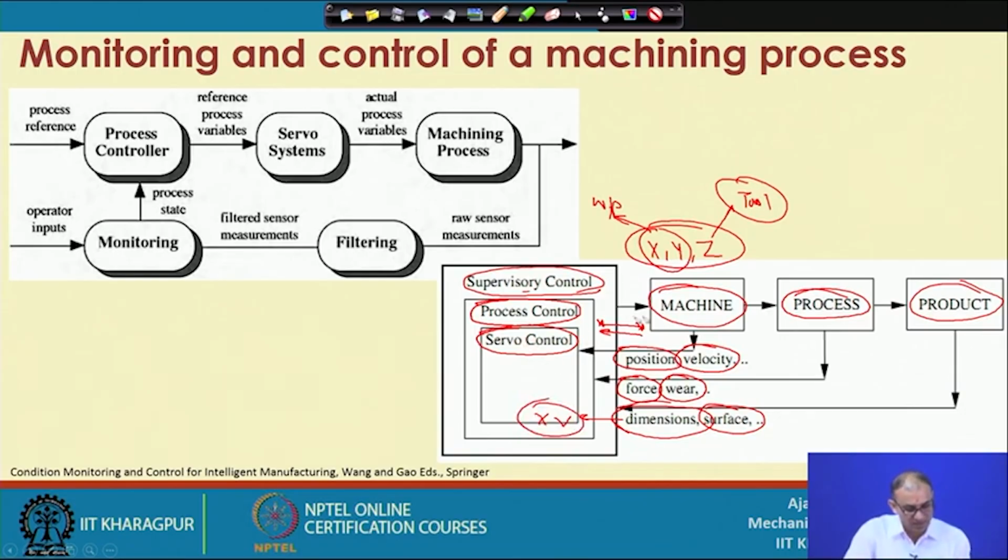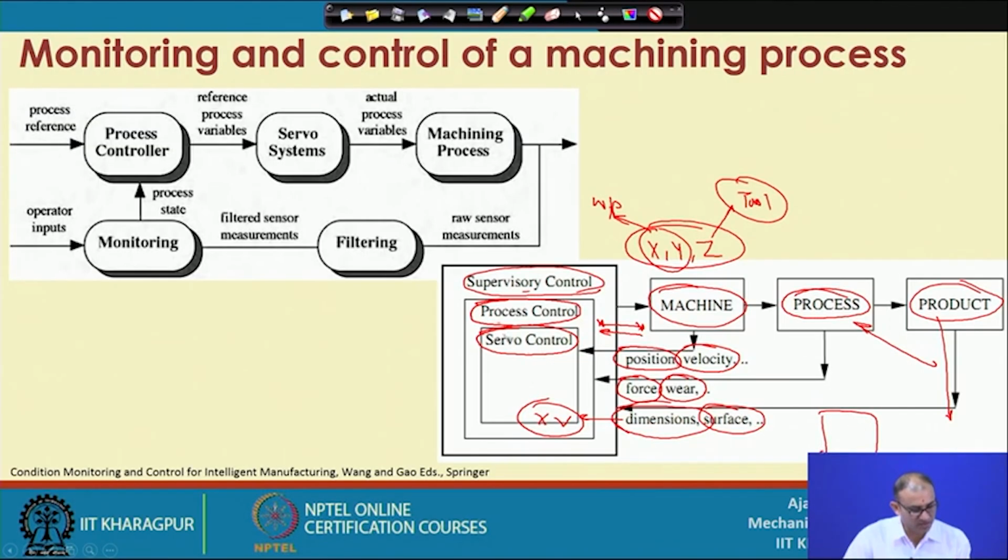Now you can see here that you need sensors at all the 3 locations. For supervisory control, if you want automatic performance, you have to add some type of microscope with a robotic arm. Wherever the component is machined, the robotic arm directly goes to the machine and does the measurement, or you remove this product out of the machine and there is a separate table or separate station available for inspection, where you do all different types of inspection related to dimension and the surface topography.